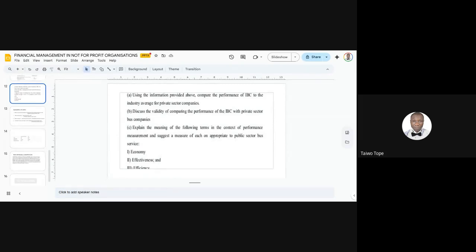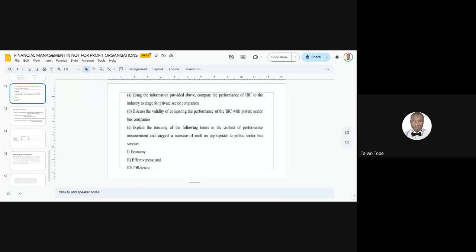And also the private sector bus company may select the profitable routes. Yes, may decide to choose which route will give them more money. So that is the private sector. They might not want to go to certain routes where they have less population. So a public sector company such as IBC may provide services to less populated routes as part of its mission.